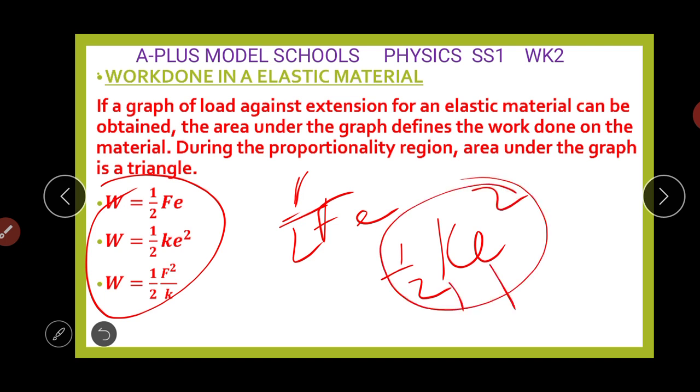The first is used when we are given force and extension. The third is used if you are given force and constant. Don't forget, work is done whenever a force causes a distance to move in the direction of the force. So whenever a force is applied to the elastic material and there is a particular distance or extension moved, then work is done. So the calculation of the work done is done by the three equations we have there.